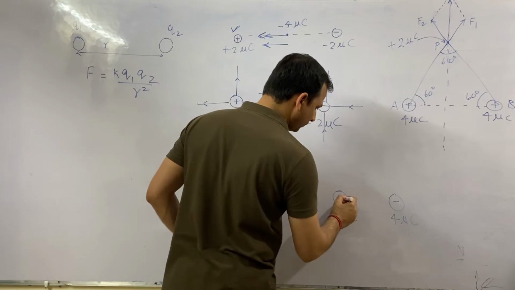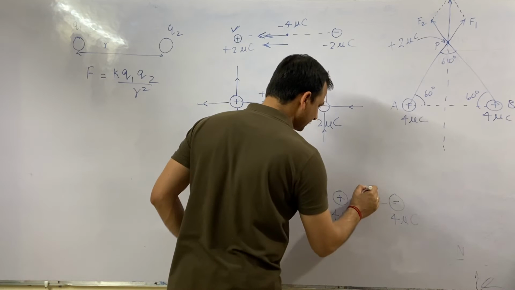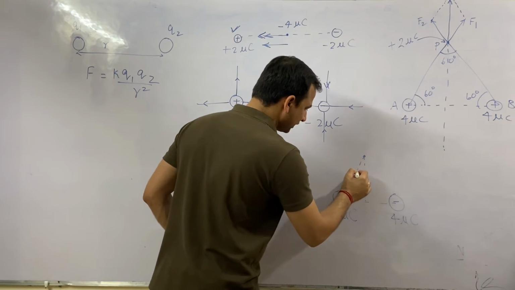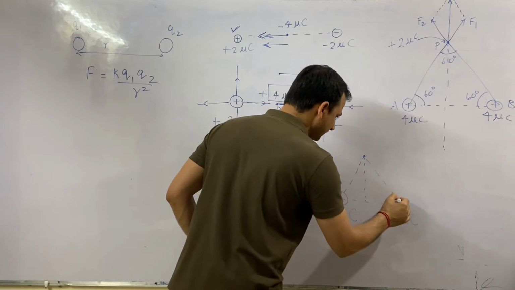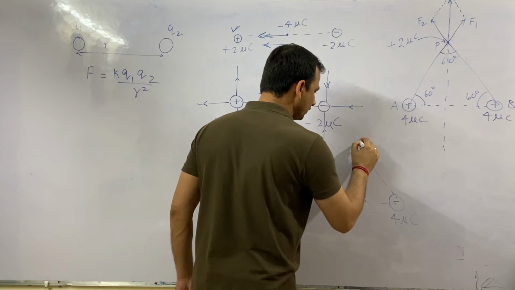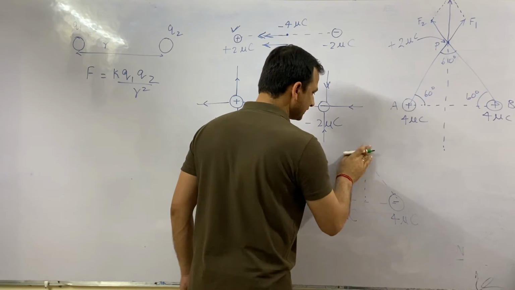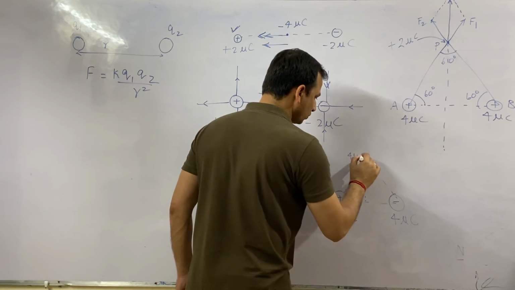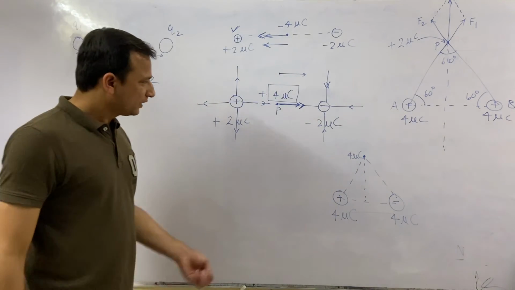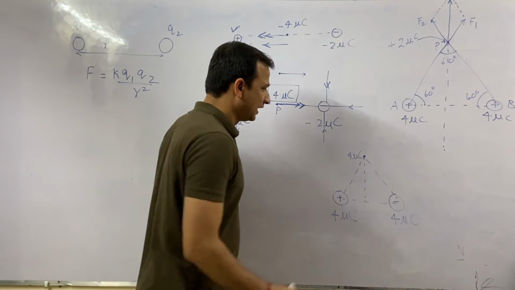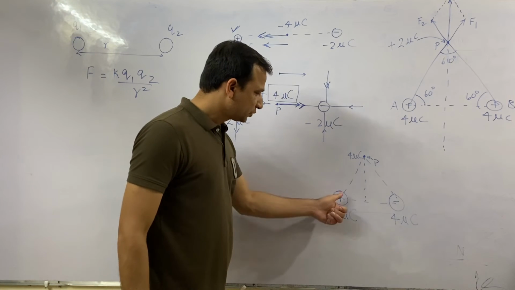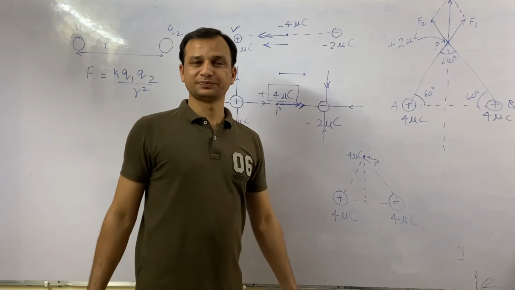And there is a point on the equatorial plane somewhere here, and again assume they are forming an equilateral triangle, and this point P is also having 4 microcoulomb of charge, and I will write it somewhere here. So what would be the direction of force at point P? This is point P, due to this positive and negative charge.